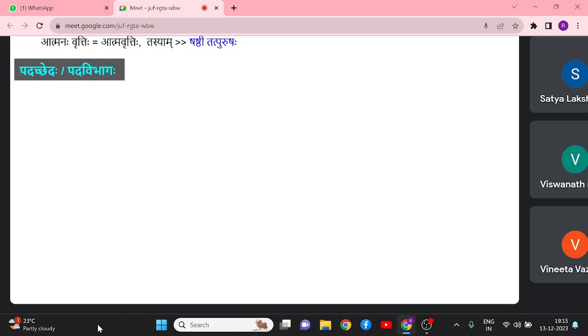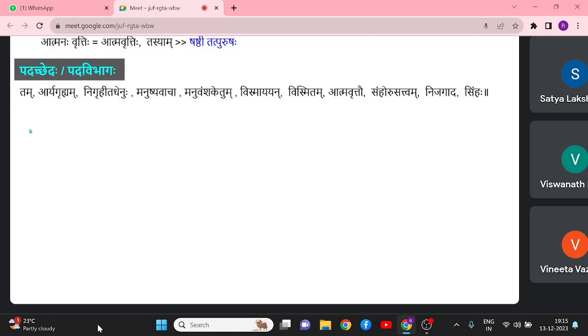And that's about it. Padacheda will be: Tam Aryagrihyam Nigrahita Dhenuhu Manushya Vacha Manuvamsha Ketum Vismayayan Vismitam Atma Vruttau Simhoru Sattvam Nijagada Simha.